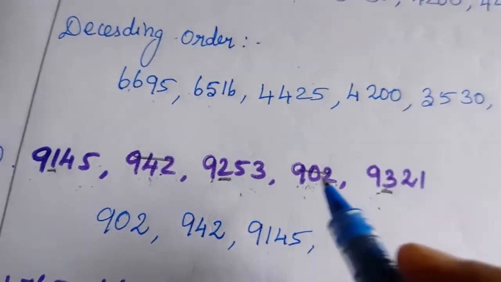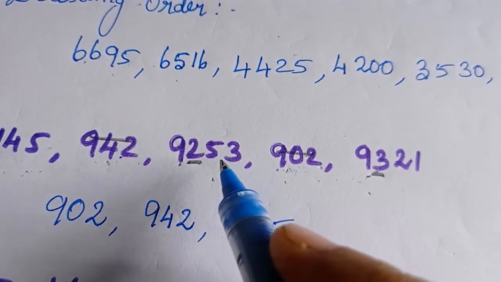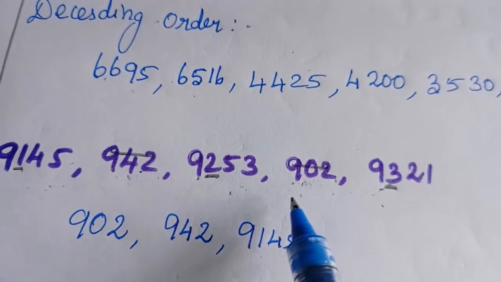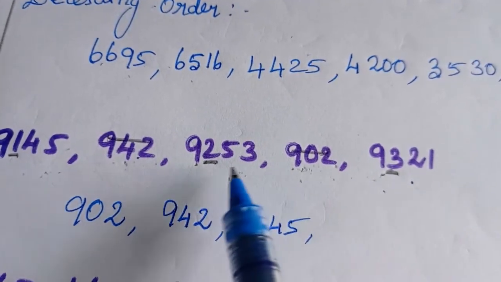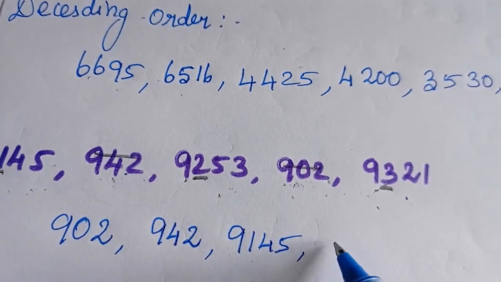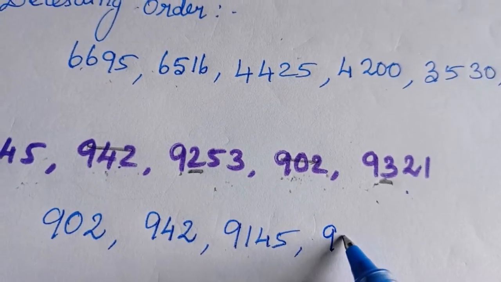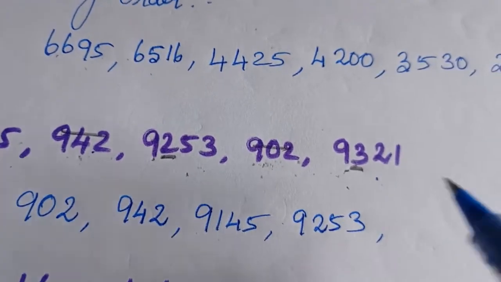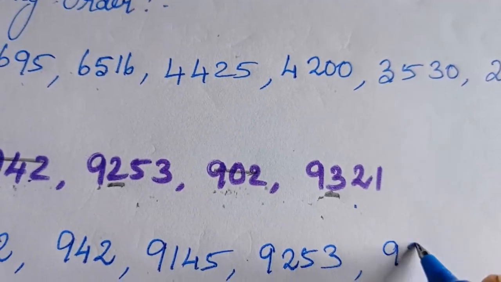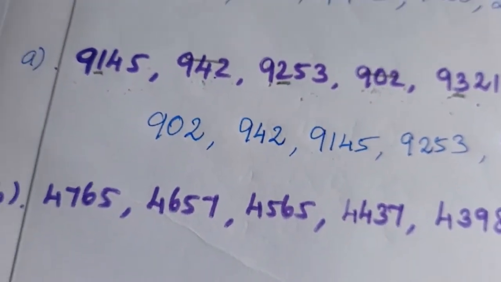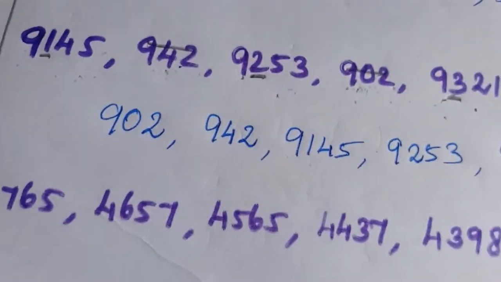Then you already checked the 100 place values for these two numbers, 2 and 3. So which is smaller, 2 or 3? 2 is smaller. Okay. So you can write 9253 as the next number and the last number is 9321. Okay? So in the same way, find the next question.